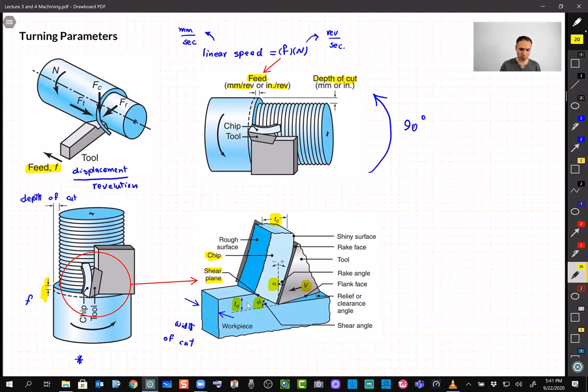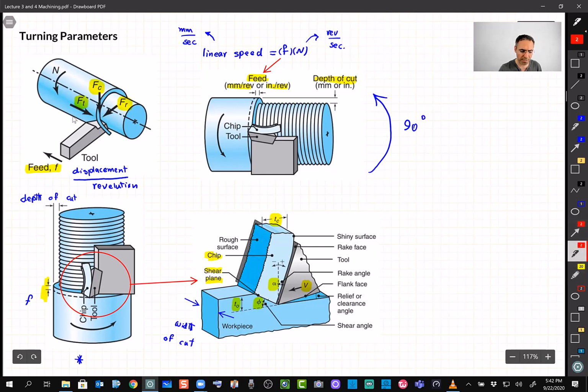Are we good? And one more thing here on this first image on the top, please pay attention. We have three forces. We have in fact one force which has three components because we are in a 3D mode here. If we take the components of the cutting force, we divide them into a radial component, this FR, the tangential component, FT, and FC, which is the cutting force.